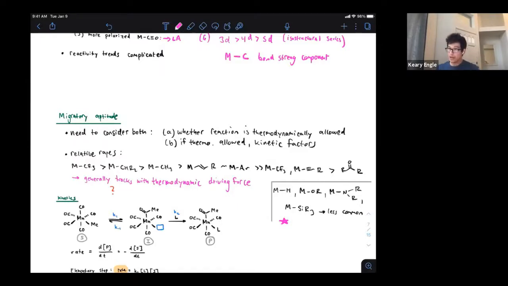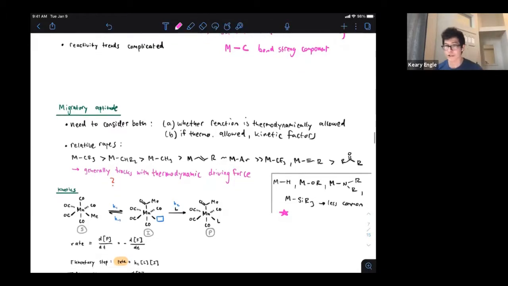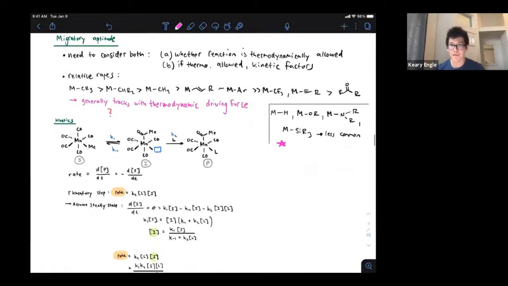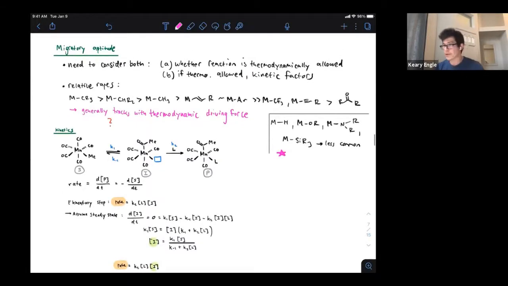And then the next question is, if you're looking within a series where you know that all of the ligands do have thermodynamically allowed migratory insertion, then how do you sort through the kinetic trends? A summary of migratory aptitudes within a series that all undergo migratory insertion is shown here.